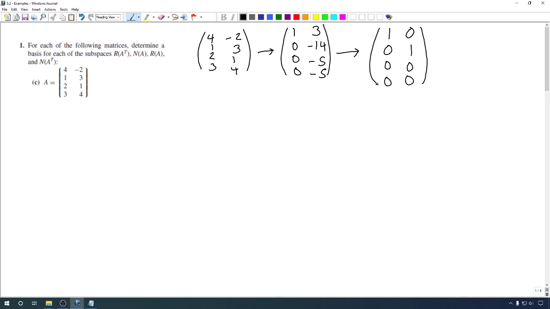So, ignoring these bottom 2 rows, we can see that a good basis for our row space is (1, 0) and (0, 1). So you could say R(A^T) is the span of the 2 vectors (1, 0) and (0, 1).